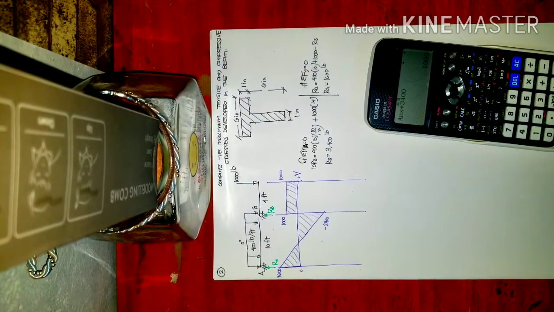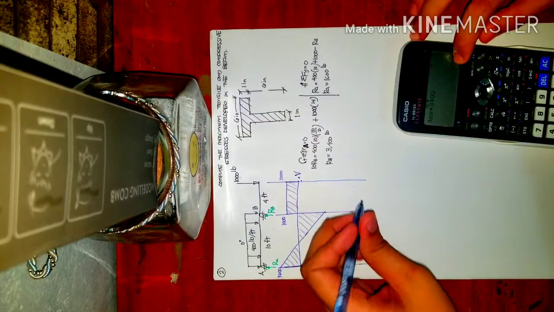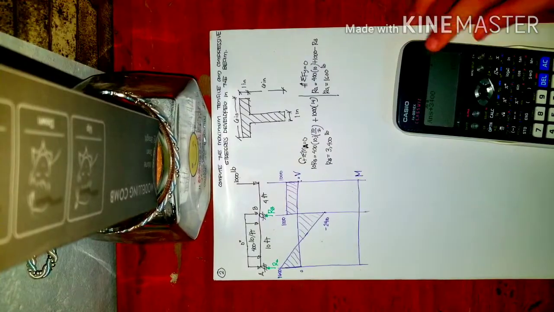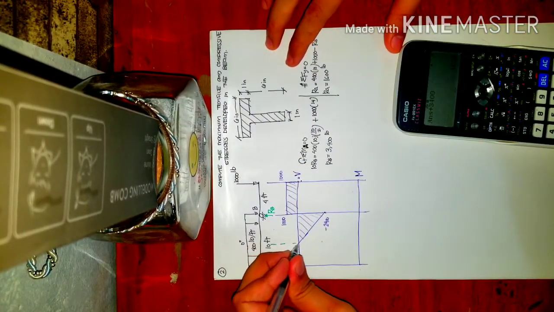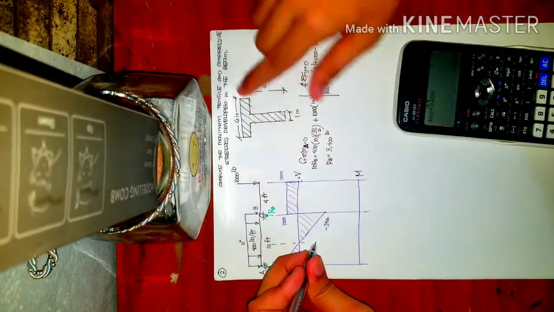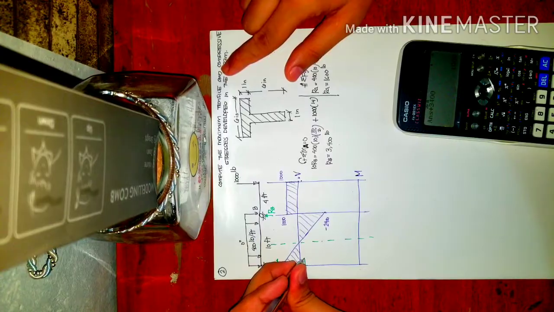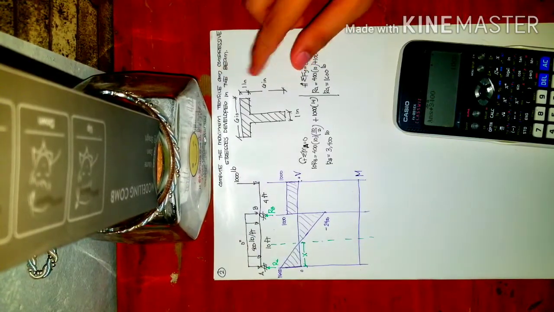Okay, so now, we can now draw the moment diagram. So this is your moment diagram. But before that, i-project natin, kasi nagkaroon ka dito ng point of inflection. So ito, I will say that this is distance x.